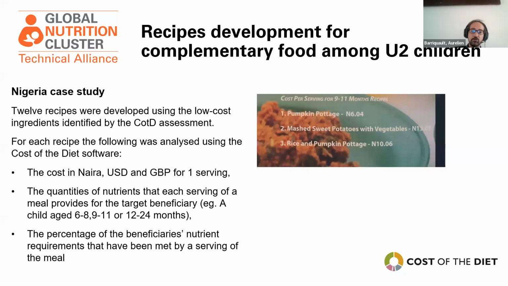And finally, the percentage of the beneficiaries' nutrient requirements that have been met by a serving of the meal. So here just to describe also the use of this tool, how it could inform and adapt, revise any complementary feeding manual recipes that already exist. Next slide, please.